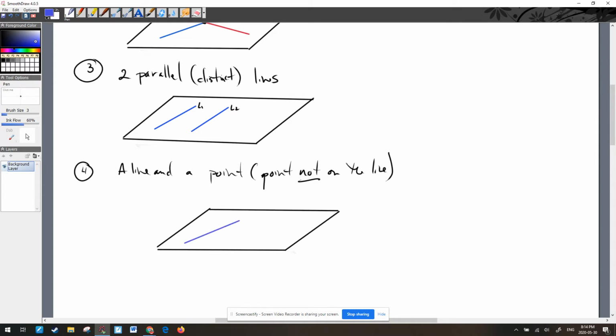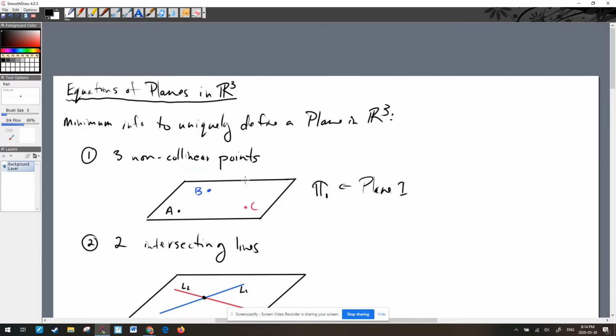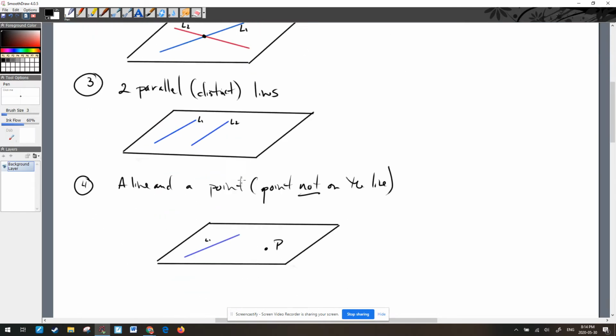So call this L1, and then just a point over here. And that would be sufficient. Each of these represents the minimum amount of information that you could use to define a plane in R3, and those are the different ways we could do it.